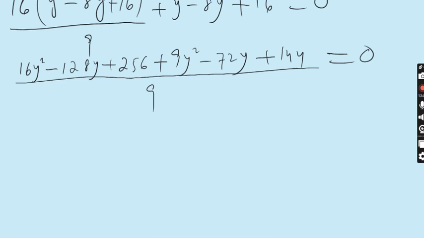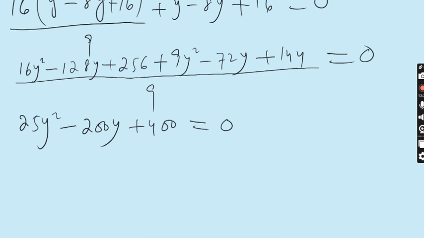Sixteen y square plus 9y square is 25y square. 128 and 72y is 200y. 144 and 256 is 400, and 9 into 0 is 0.